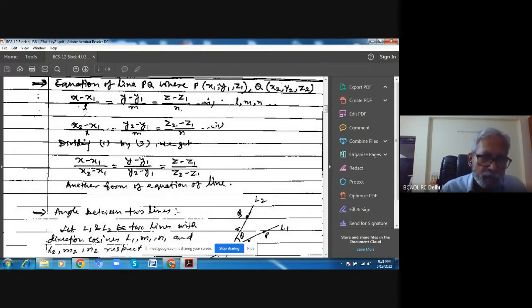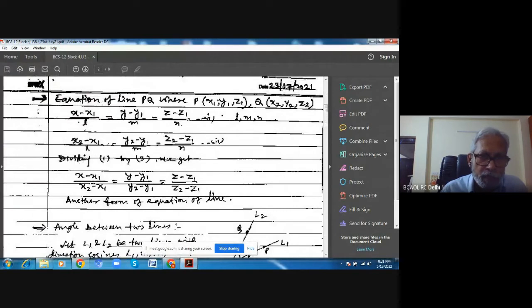And here is also L, here is also L. So L cancels automatically. Here is also M, and N and N also cancel each other. So we have a new formation of the equation of line. So the question is like this: how to prepare the equation of lines. At that time you have to prepare it this way.